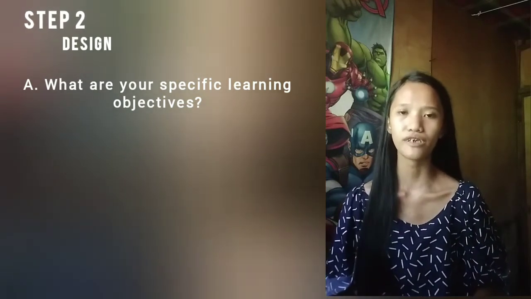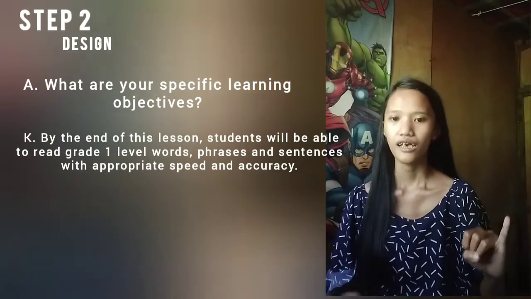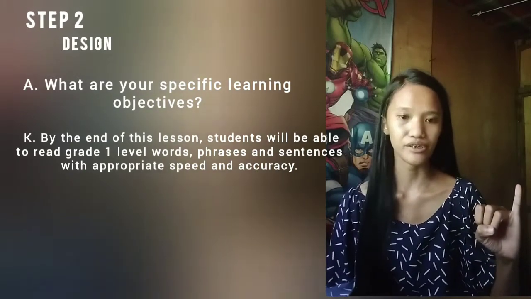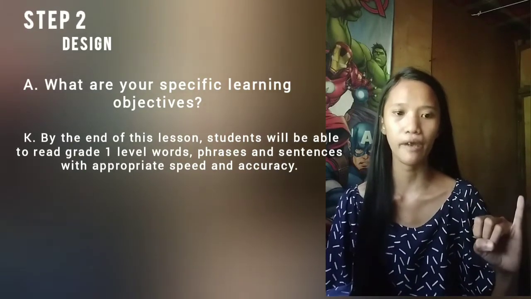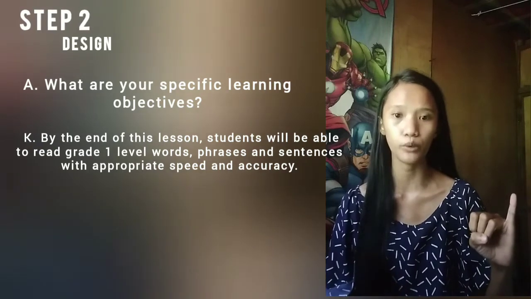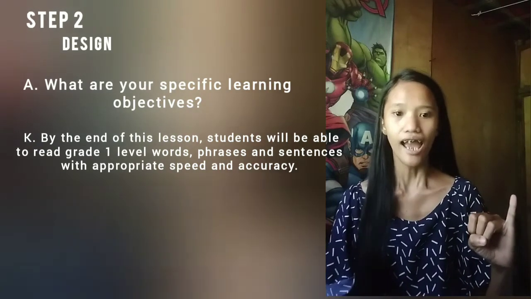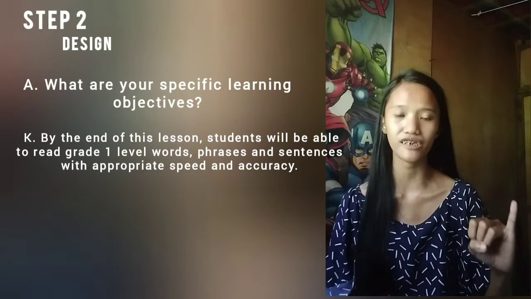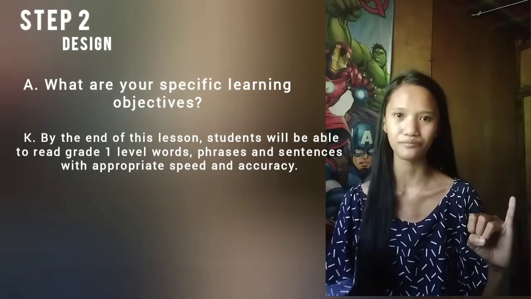The learning objectives K: by the end of this lesson, students will be able to read grade 1 level words, phrases, and sentences with appropriate speed and accuracy.